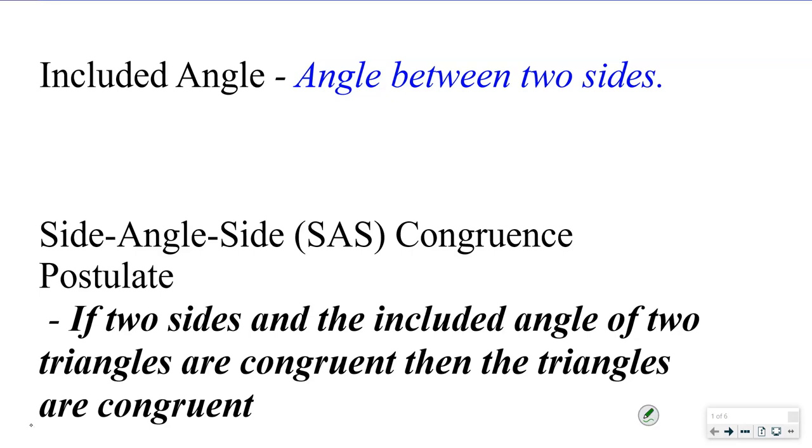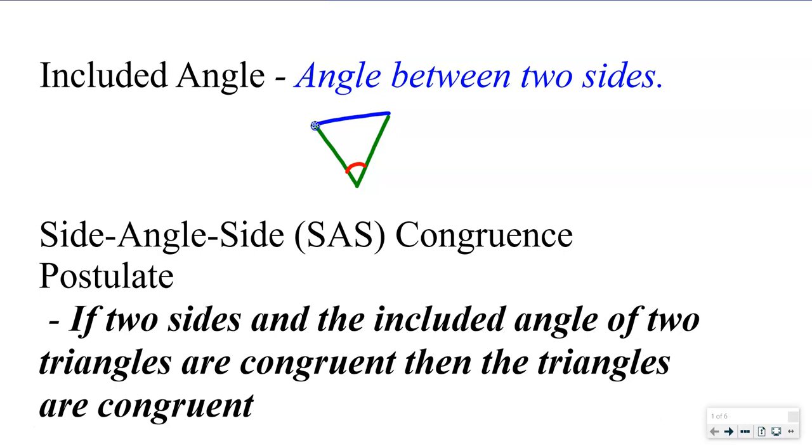So if you have, let's draw my triangle like this. My two green sides, and then that red angle is an included angle. It is between those two sides, included in those two sides.